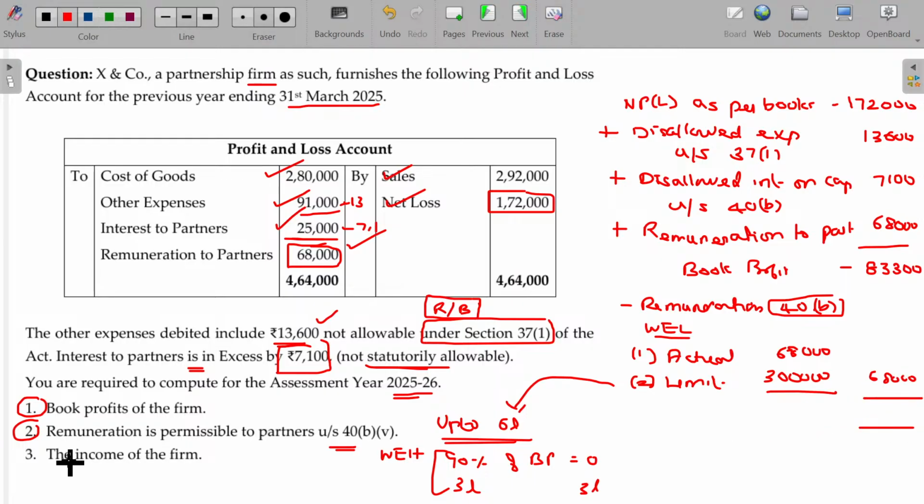Now, income of the firm. So PGBP for the firm is 1,51,300 negative. It is already negative, and by subtracting this one, automatically the loss is increasing to 1,51,300.